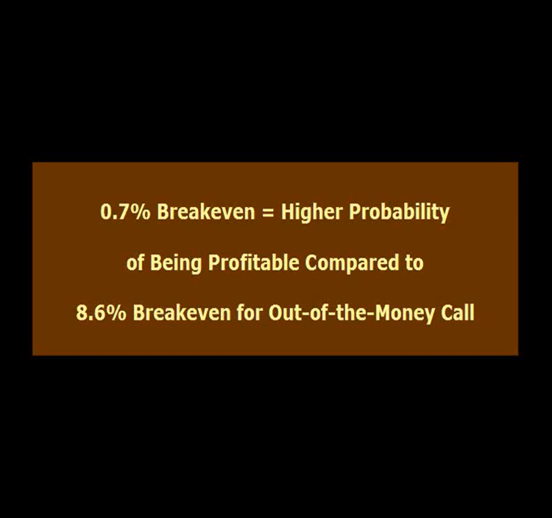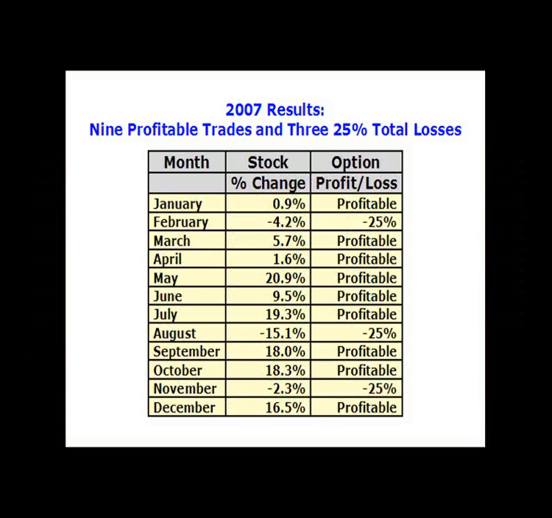This in-the-money call option trade with a less than 1% break even would have a much higher probability of being profitable than the out-of-the-money trade example with an 8.6% break even. Let's take another look at the Apple option expiration price data for 2007. Let's assume we purchase a 1-month in-the-money call option each month, similar to the Apple 150 strike call option just presented.